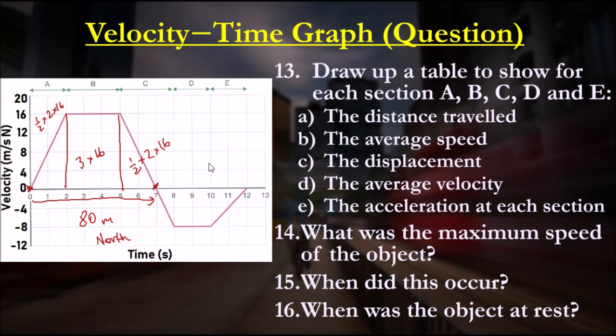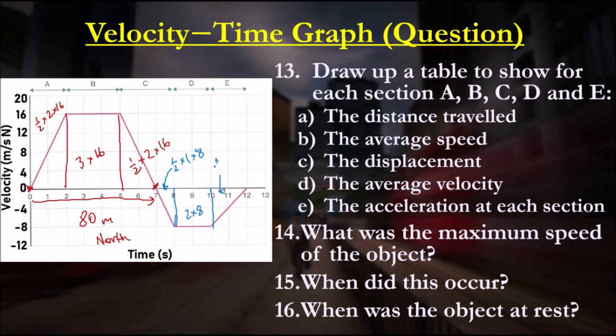Now let's look at this motion here. The velocity has gone into the negative, which means we're now moving in the opposite direction. So we can work this part out. This bit would be half times 1 times 8. We're not going to worry about the negative sign here because we know it's going in the opposite direction. We can just talk about it at the end. That's 2 times 8.